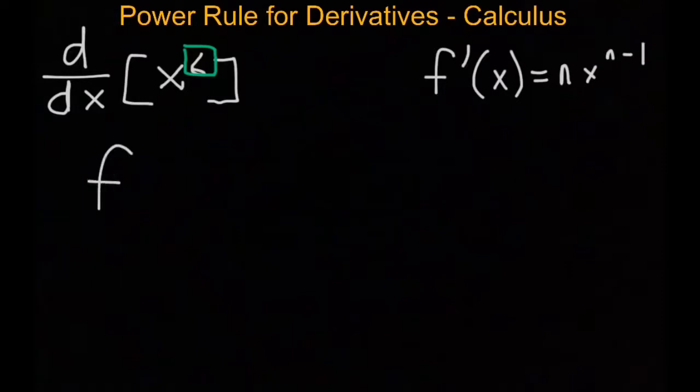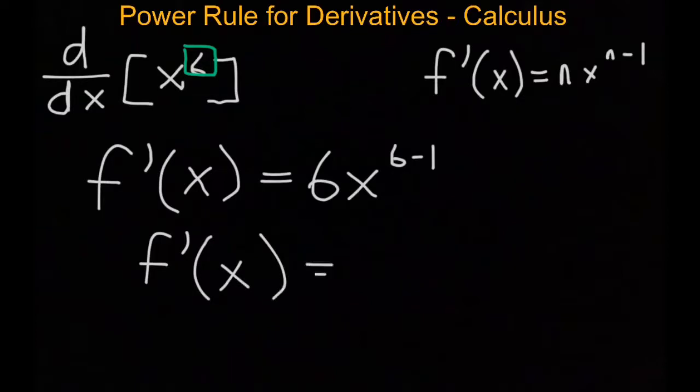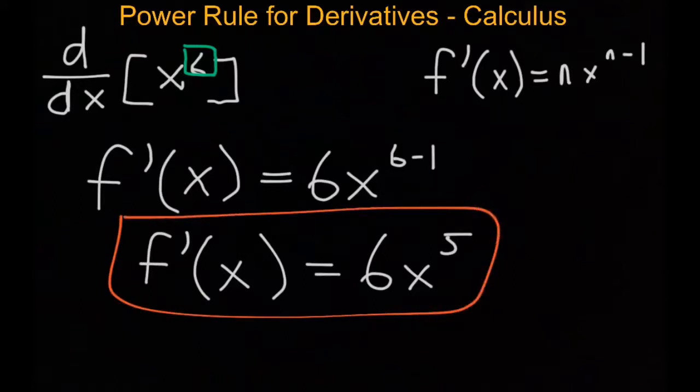So our answer would be f prime of x equals 6 times x to the power of 6 minus 1, which is f prime of x equals 6x to the power of 5. And this would be our derivative.